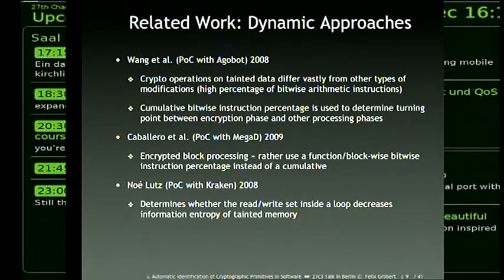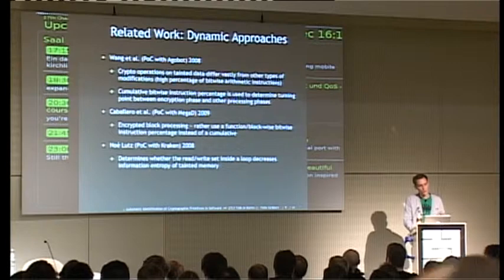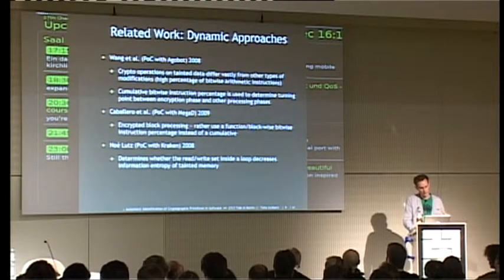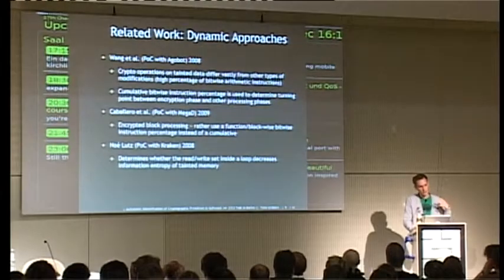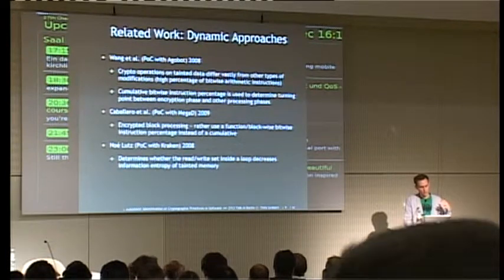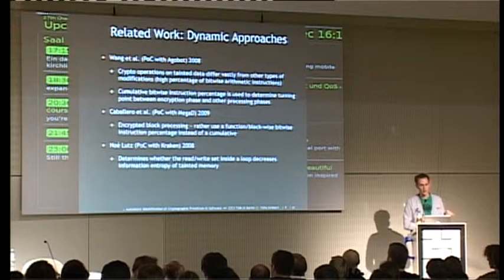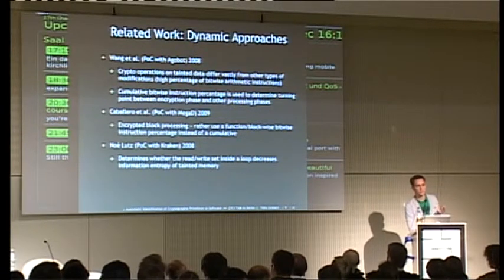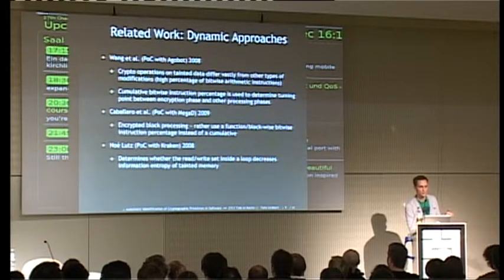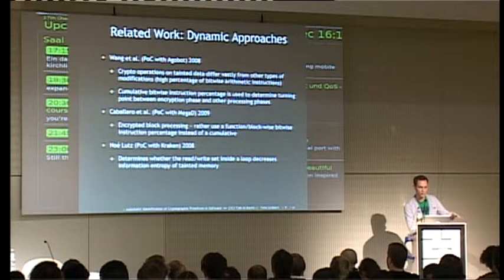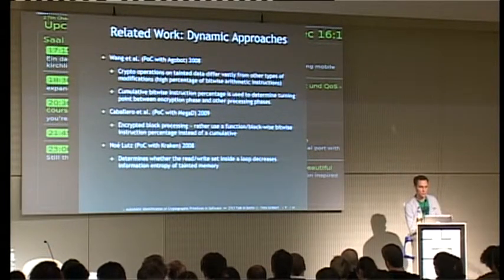Noé Lutz took a completely different approach. He also used tainting of data which comes in over the network, and followed that data to find loops over that data. And then he looked, how does this loop manipulate the data? Is there a decrease or increase of information entropy after the data has been decrypted?